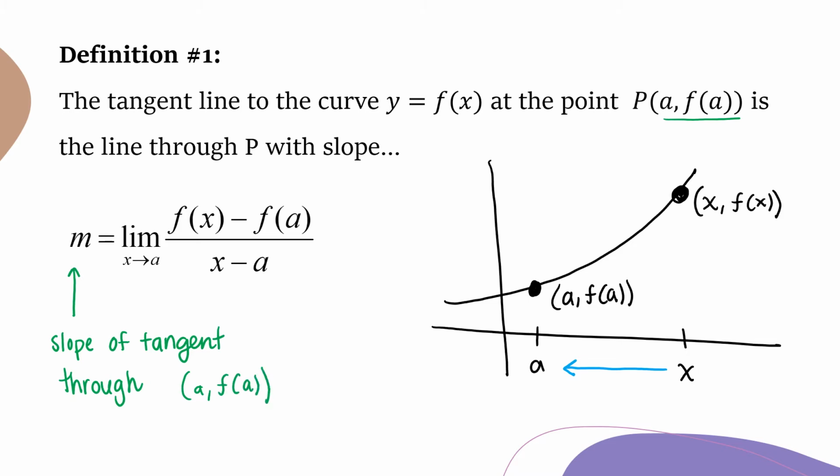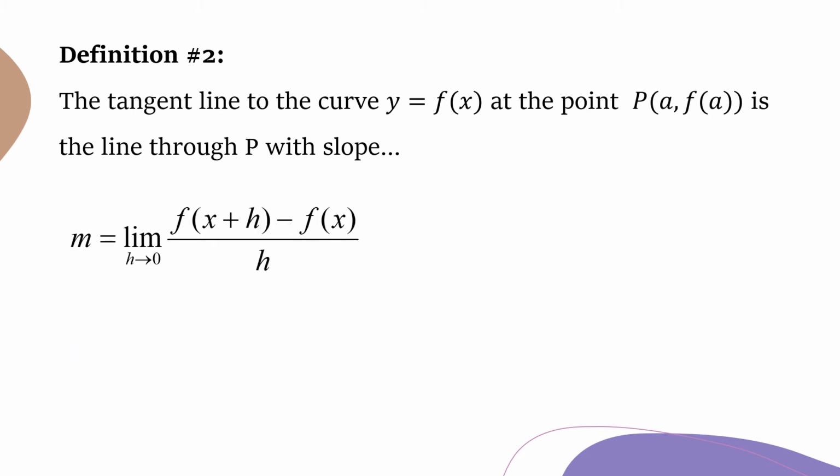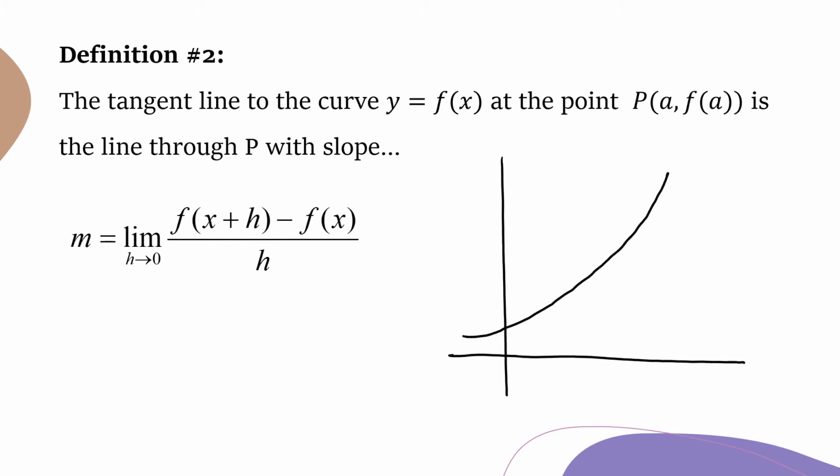And this is one of the first ways that we define it, but there's actually another way to define the slope of the tangent line using a limit. And that's where we look at this thing called h. So if we have a function, and we're looking as x approaches a, we'll call this x, and we look at the distance between 2 different points, so we have x plus h here.